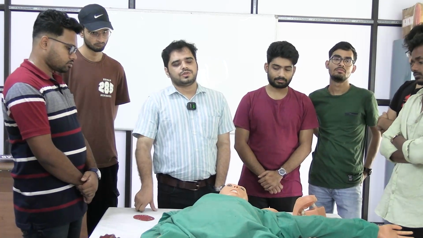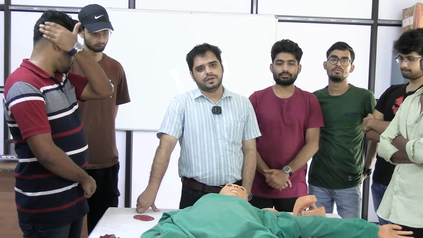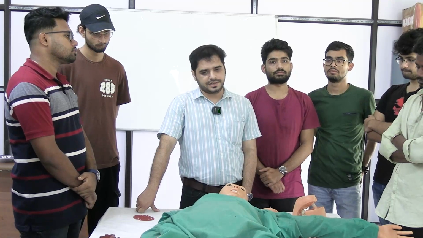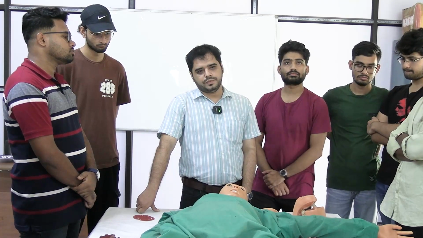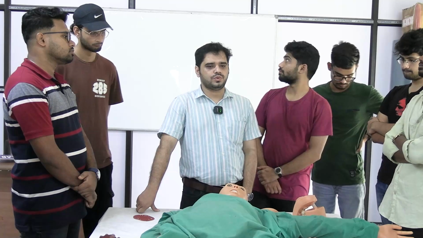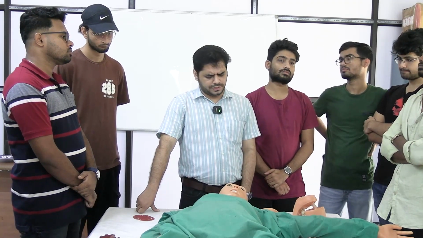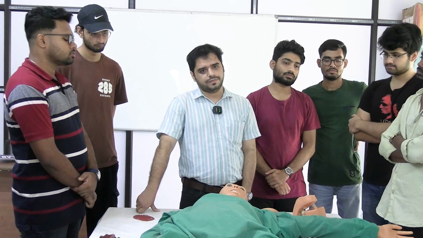Okay. So first, the roots have two branches: the dorsal scapular nerve and the nerve to serratus anterior. The upper trunk also has two branches: the nerve to serratus anterior and the dorsal scapular nerve.